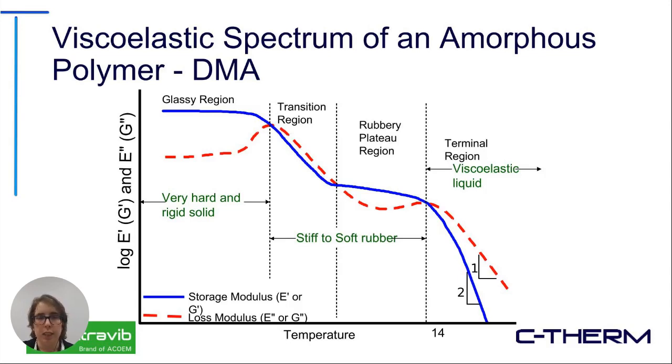So you'll see a glass region, usually at very low temperatures, which will go through a glass transition range and enter a rubbery region where it's quite elastic. Eventually you'll get to a point where the rubber begins to melt, and that's when it'll start to behave less like a rubbery elastic material and more like a liquid material, in that it can flow.